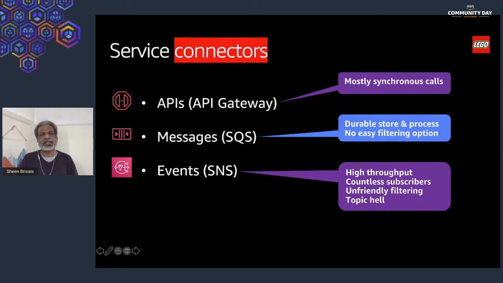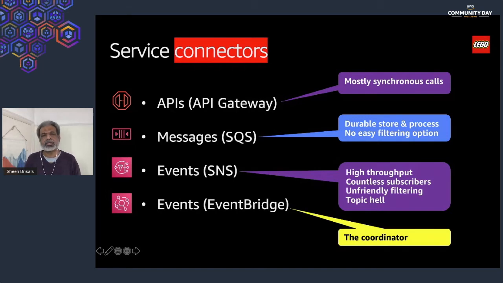So you keep adding topic after topic every time you have a different event pattern or structure. This is where EventBridge comes in to give us this coordination, or what I call the choreographic point of view. That streamlines the connections between these different services.